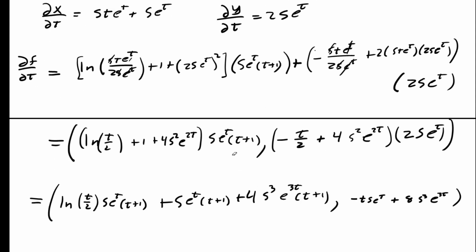Let's see. Parentheses, there we go. So this is added, and this is also going to be added, all added together. I don't think anything simplifies though. S e to the t, so we have s cubed.